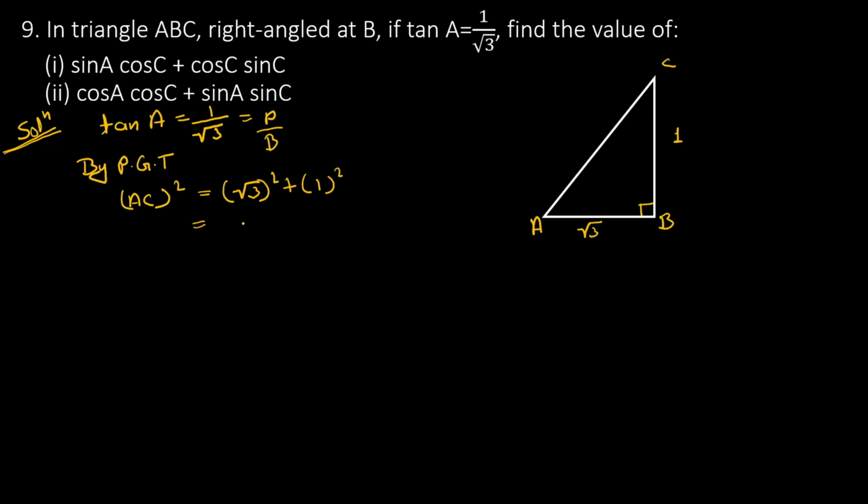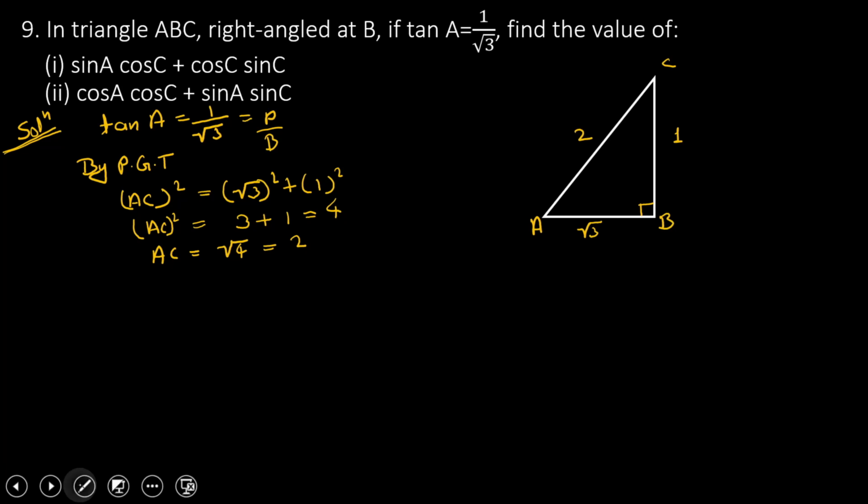Root 3 squared equals 3, plus 1 into 1 equals 1, so AC squared. Now 3 plus 1 equals 4. So AC equals root 4, and root 4 equals 2, because 2 into 2 equals 4. So we have hypotenuse 2.